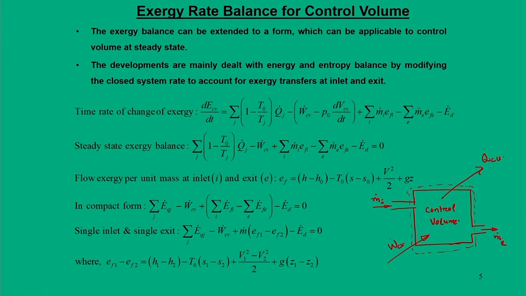Now, for this mass flow rate, there may be the flow velocity which is entering, V1, and the flow velocity which may be leaving, V2. It may have internal energy U1, U2, and its elevation could be Z1 and this could be Z2.